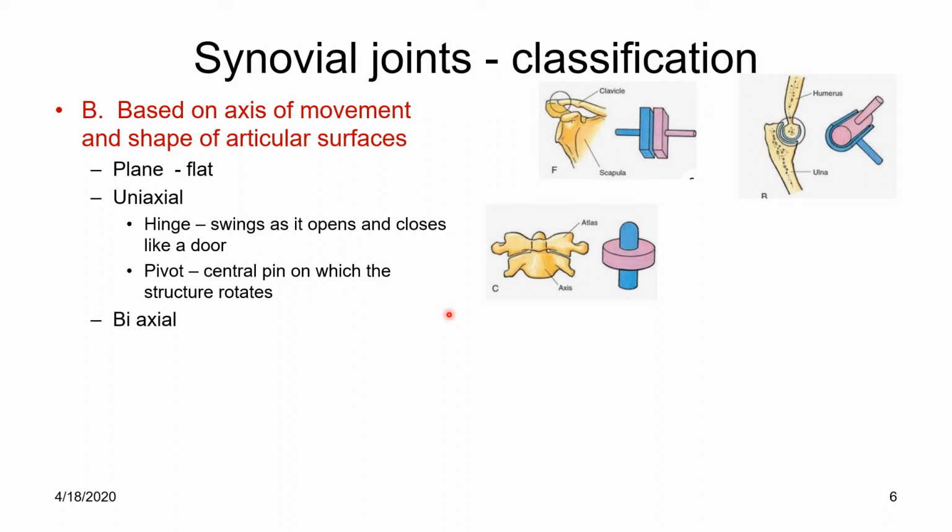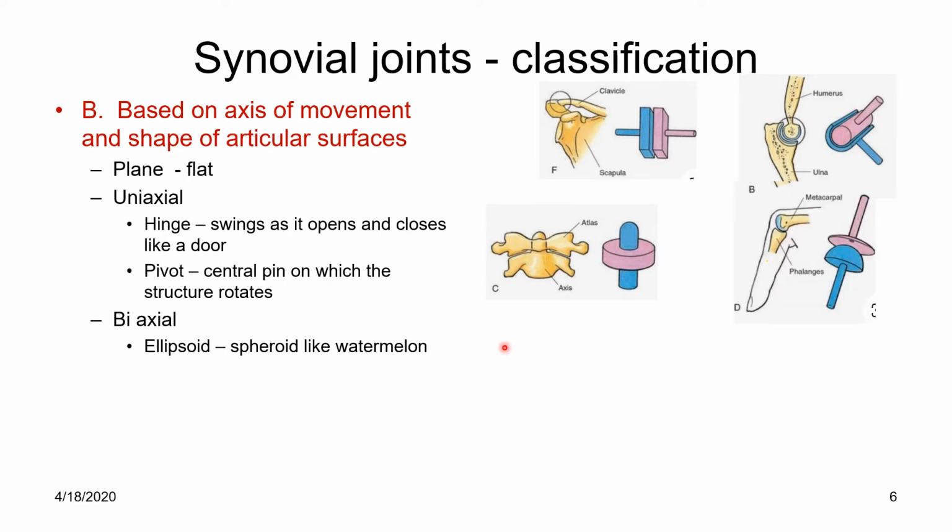Then the biaxial joint. So here there is the ellipsoid type of joint which will be like a spheroid or like watermelon. It is ellipsoid type, and this is the one you are seeing between the metacarpal and phalanges. You are seeing it, the ellipsoid joint.